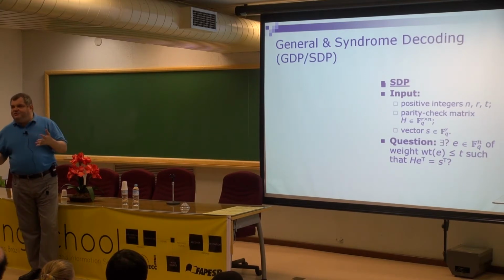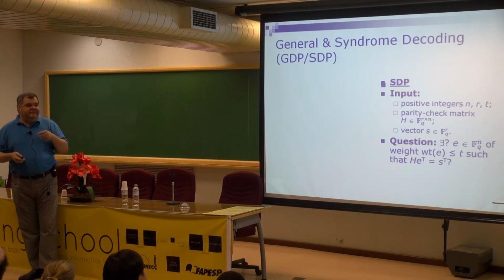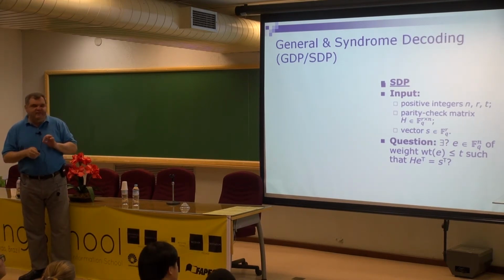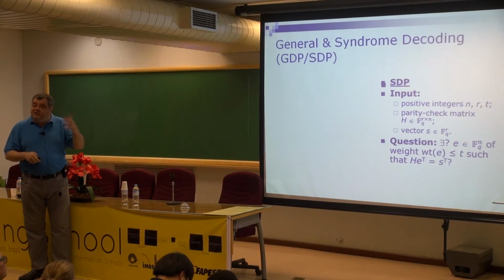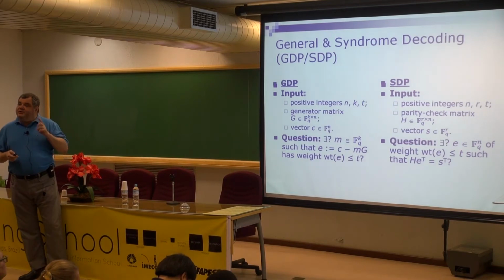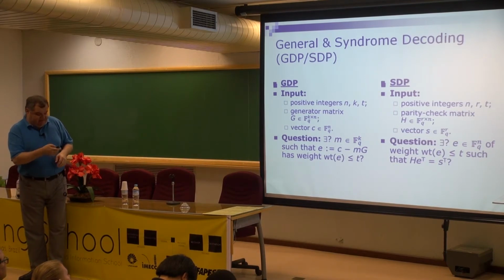Is there any such vector? There may be one or not, and answering this question is hard. There is a completely equivalent characterization of this problem when we are given a generator matrix for the code instead of a parity check matrix. But it's actually the same thing.